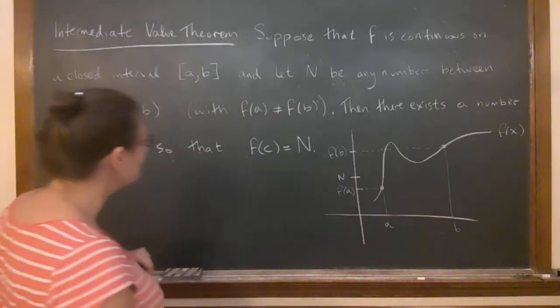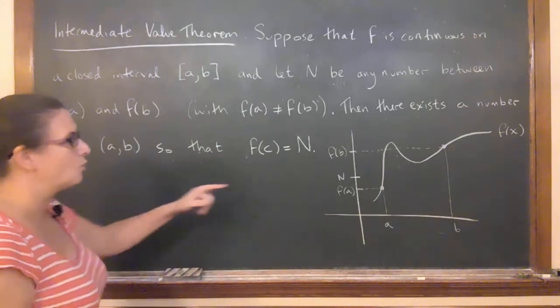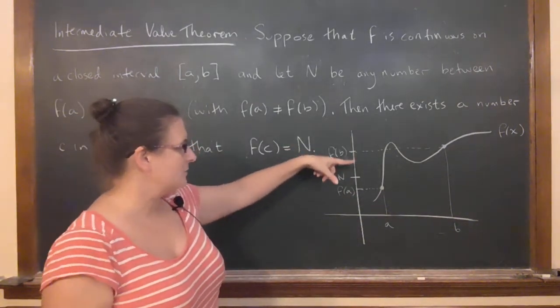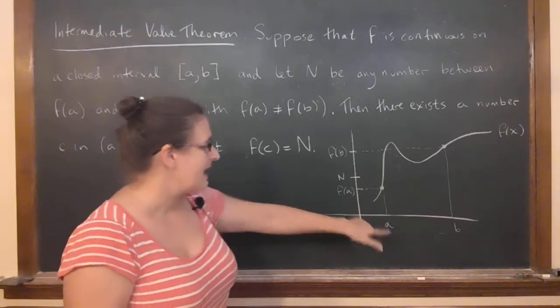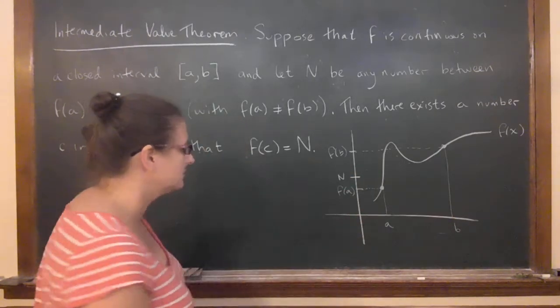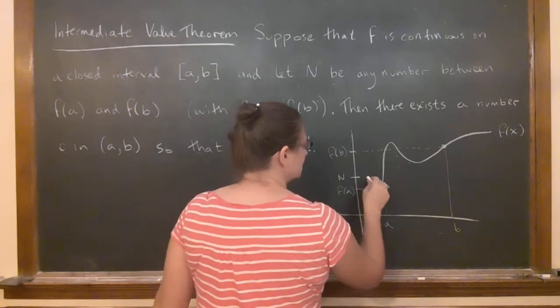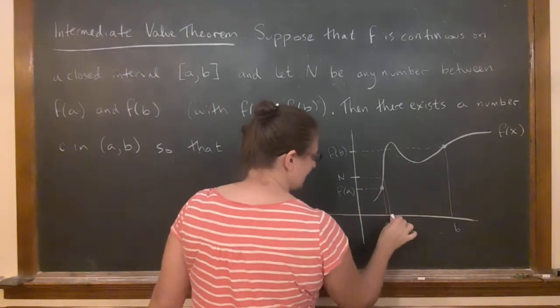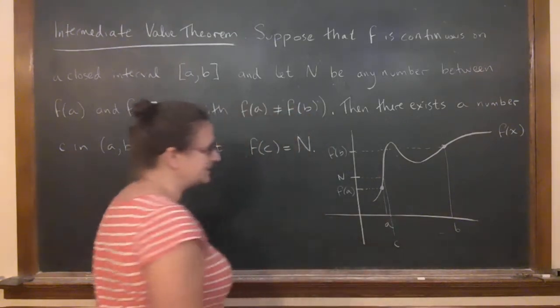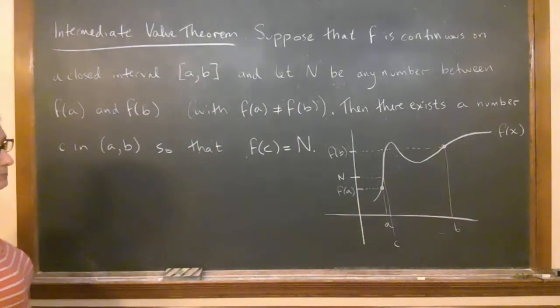Then, no matter which y value of n I choose, I can find a corresponding x value down here. So, like if n was here, the corresponding x value, which they're calling c, is down there.